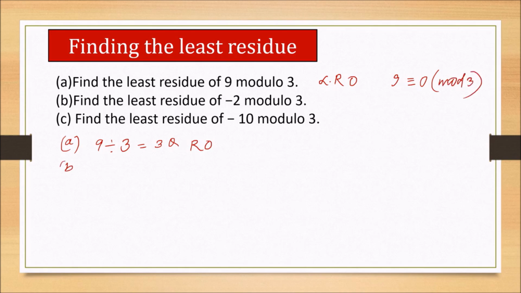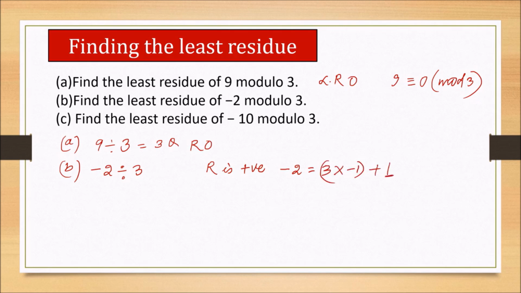Now part 2, it is negative 2, so it is a little bit confusing. Take care, because the remainder will not be negative. The residue should always be positive, so we have to make the residue positive. So I'll write negative 2 is equal to 3 into negative 1 plus 1.